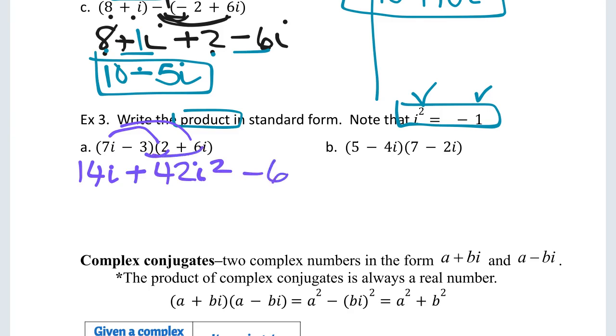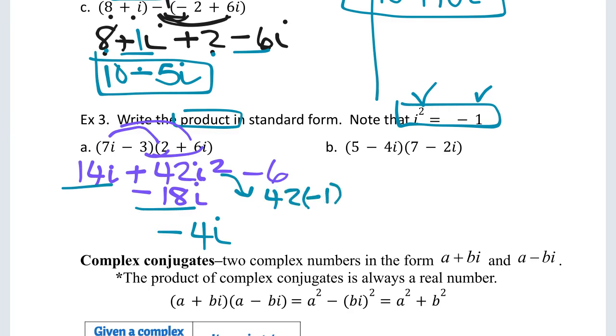Negative 3 times 6 is negative 18i. Proceed by combining like terms. 14i minus 18i is negative 4i. Then i squared is negative 1. 42 times negative 1 is negative 42, combined with negative 6 is negative 48. Keeping in mind standard form, we would put the real before the imaginary.